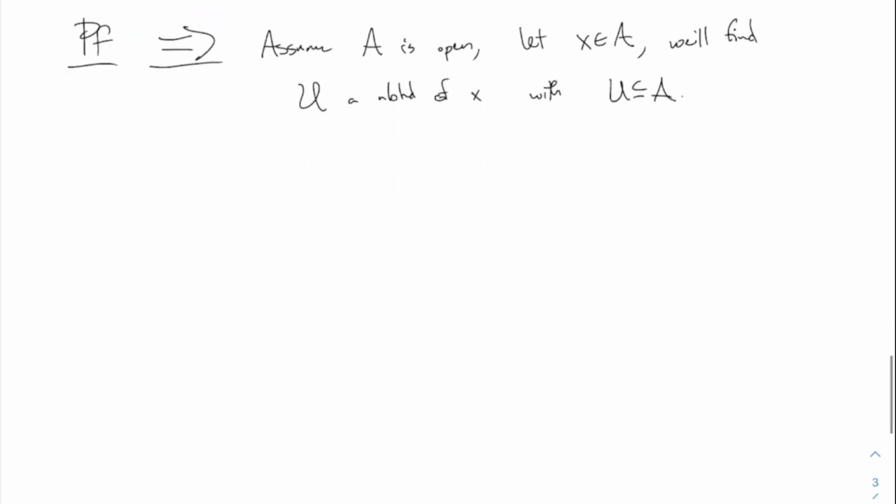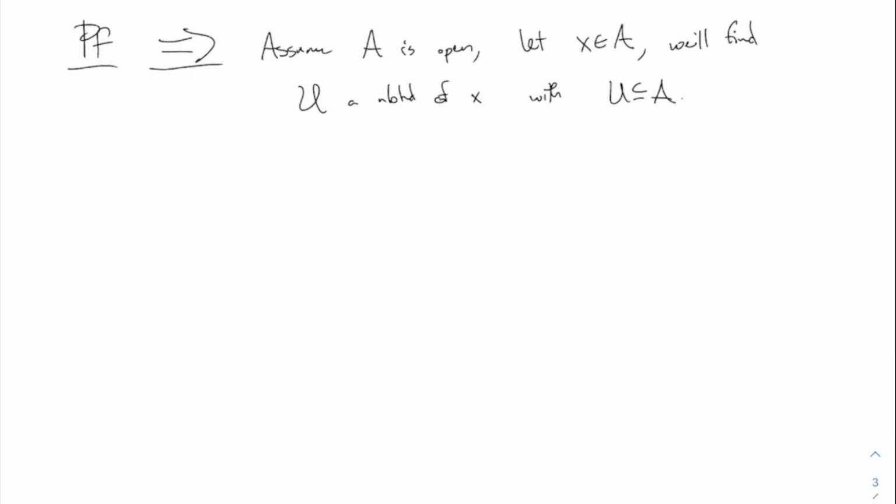This part of the proof is kind of stupidly easy, so easy that it might seem foolish to you. But anyway, I'm going to try and draw a picture here.